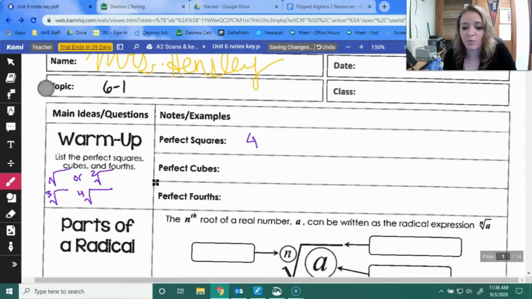Let's start with 1. What's 1 squared? 1, yeah. So we can list our perfect squares by doing the opposite way, taking the original number and squaring it.